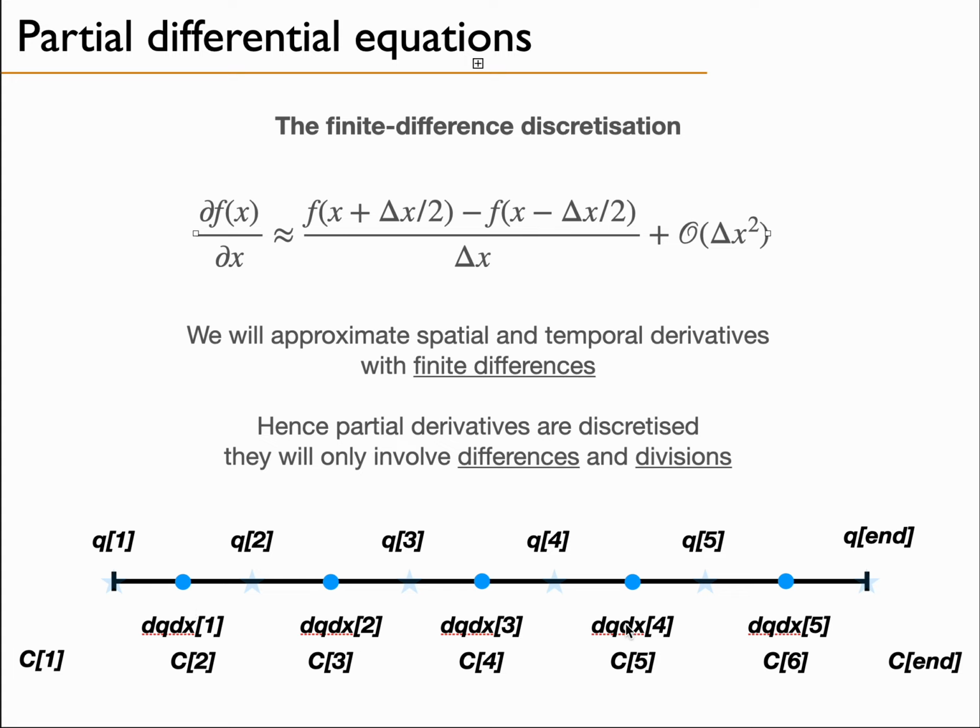So here we have 5 points containing dq dx on that example. The field C is also located on the centroid, but we have included 2 extra points. The C1 is located half a dx away to the right of the model boundary, and the second additional point, C end, is located half a dx away to the right boundary.